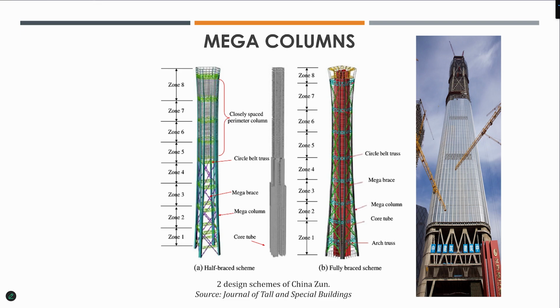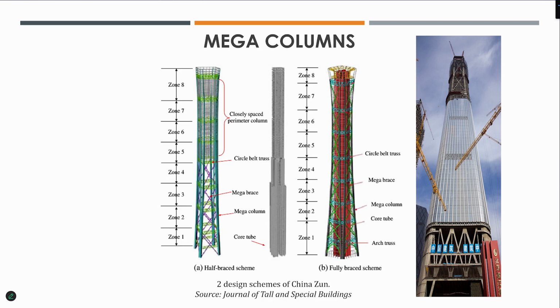So from very simple ideas of the moment frame, people have been evolving the systems to all kinds of configurations. And sometimes it's hard to say, what is this? Because they put everything there. Damper is there, the wall is there, the BRB is there, the outrigger is there, the belt is there, the mega column is there.